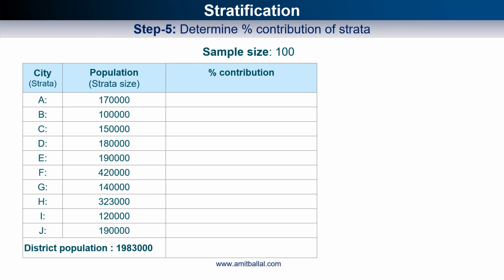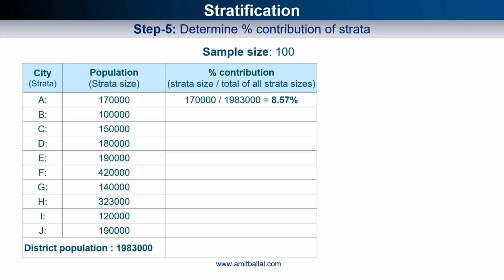The fifth step is to calculate the percent contribution of each of the strata. For determining percent contribution, we will divide the strata size by the total population, that is, the total of all strata sizes. For example, for strata A, we will divide its size, that is 170,000, by 1,983,000.